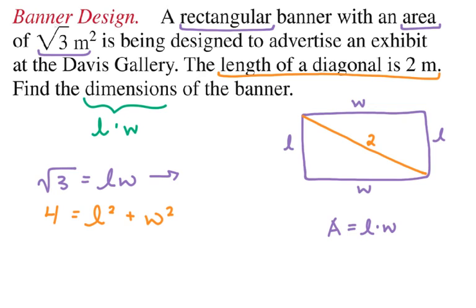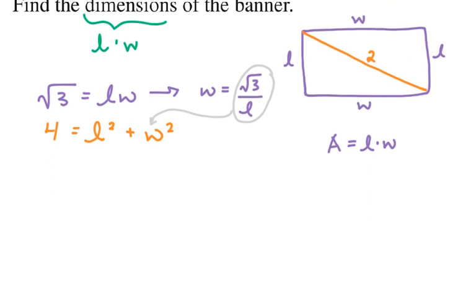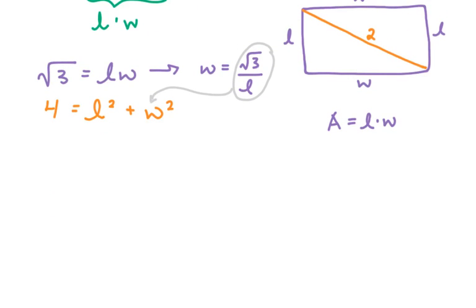I'm going to isolate a variable in one equation. For example, this top equation, I could say that W equals √3 divided by L. And I can take that √3 divided by L, since I know it's equal to W, and plug it into my other equation. So that's going to give me an equation with only one variable.